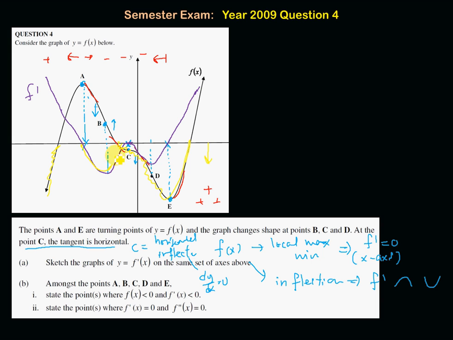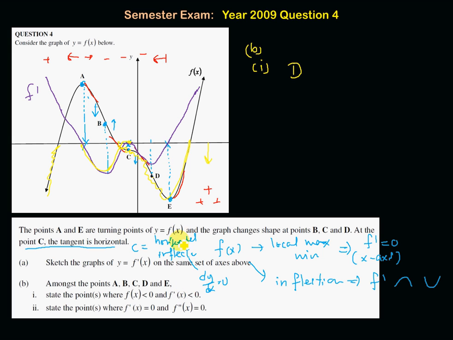So point C is out because point C is on the x-axis. There's only one such point, and that point is D. So to answer part 1b, that point is D, because only D behaves like this. At D, you find that f(x) is negative, and the value of f prime is negative also.